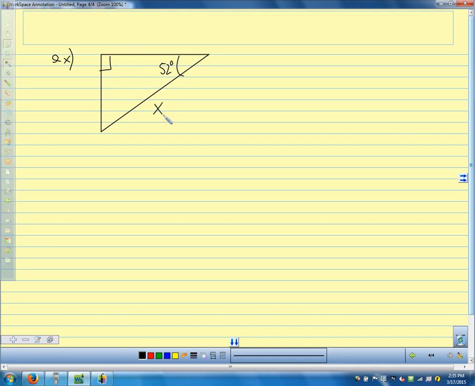This is x, and this is 8. And we want to find x. So we're going to label our triangle: x, opposite, adjacent, or hypotenuse? Hypotenuse. And 8, opposite or adjacent?